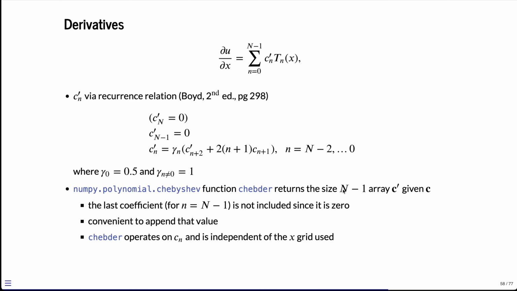Now its size is n minus 1, and so if you want the full size, then you just have to append a 0 onto that array.